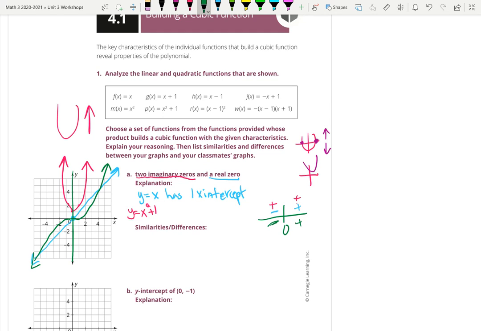Now, this is something we would do in class. We would compare each other's. But basically, the idea is that it is a cubic. It is 3 parts.